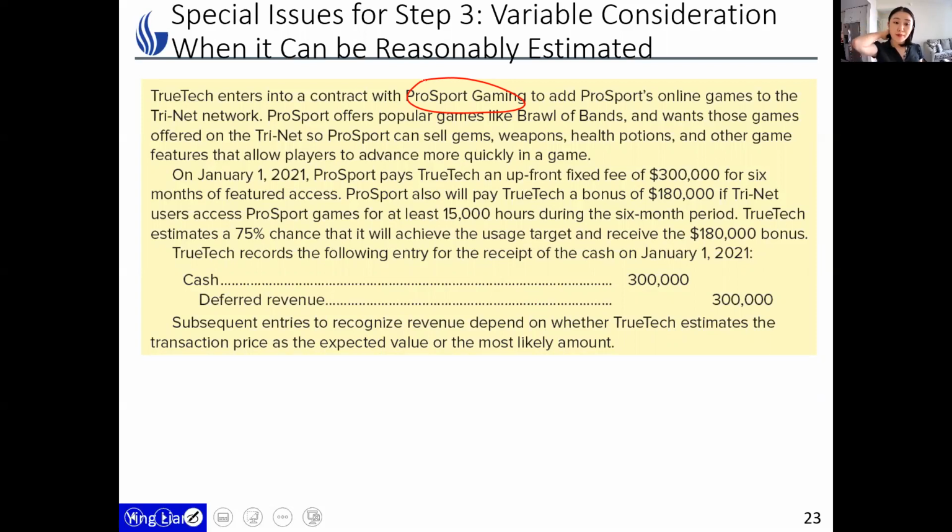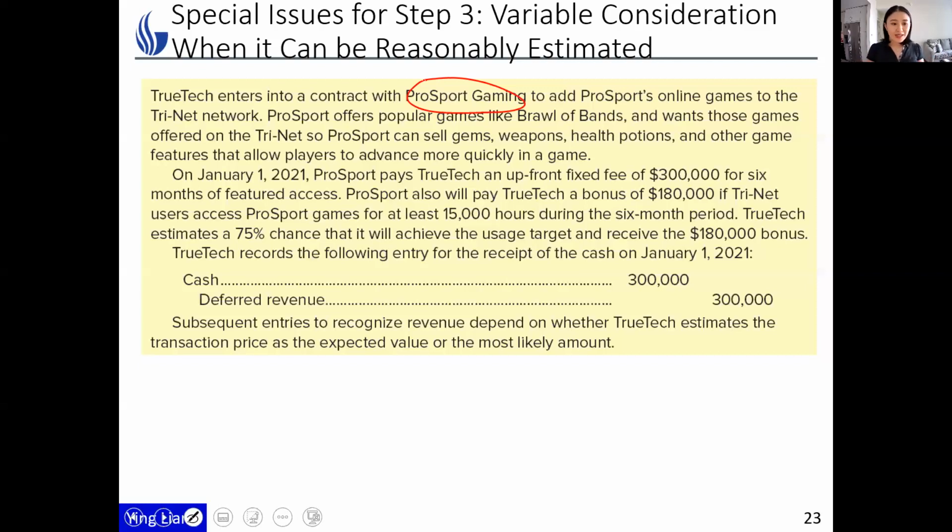So this client, ProSport, offers popular games like Brawl or Fans, and wants those games offered on the TriNet, so ProSport can sell gems, weapons, health potions, and other related items to the players to advance more quickly in the game. So I guess everybody is familiar with this type of earnings model.